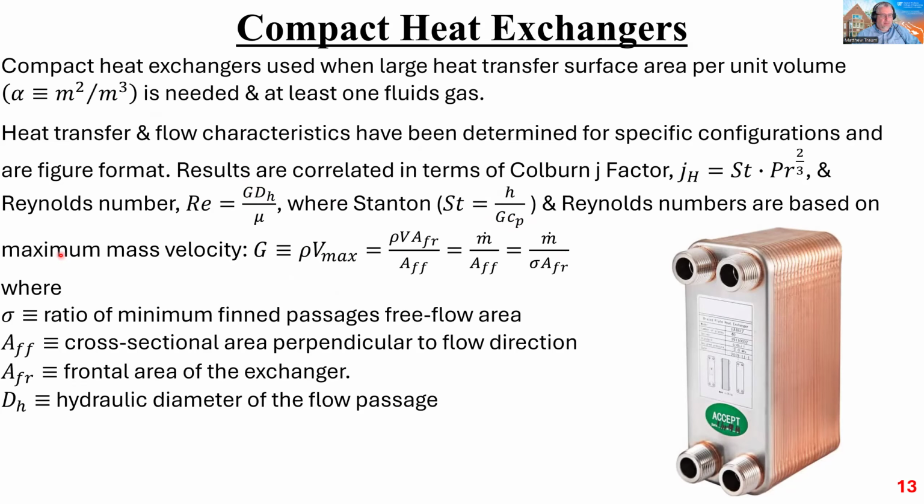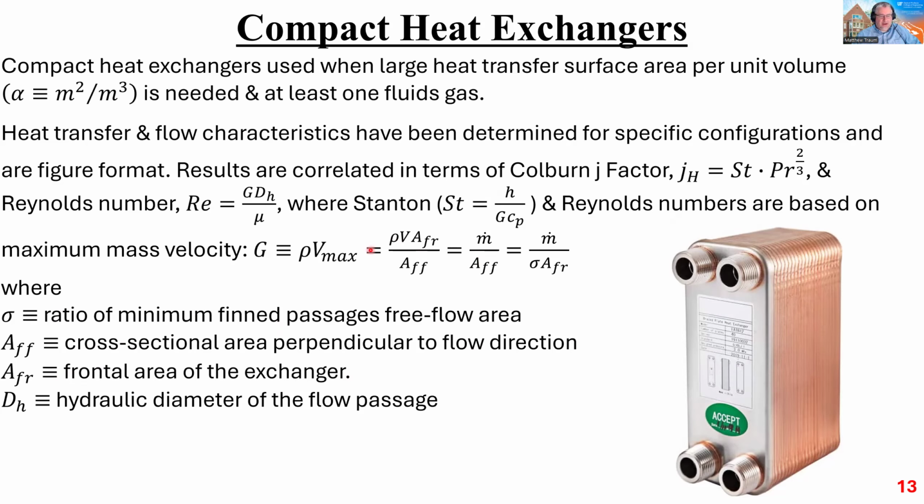So how do you figure out that velocity? Well, it's the density times V max, which is all of these different ratios, right? So you could take the mass flow rate and divide by the cross-sectional area perpendicular to the flow direction, or you can divide by the ratio of minimum free passage flow area and frontal area of the heat exchanger.